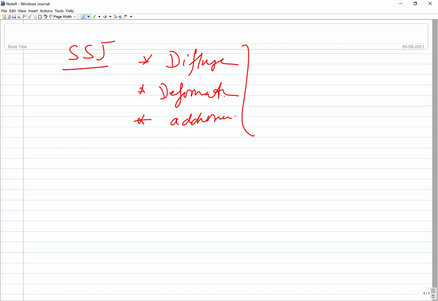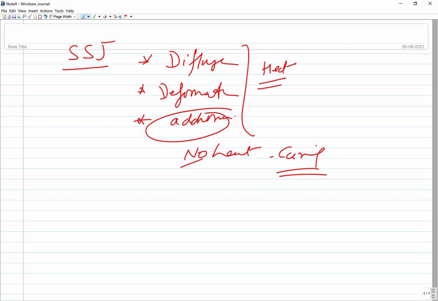In case of deformation and diffusion, the heat input is negligible or there is no heat input. Only a little heat is given just for facilitating the curing in case of adhesive joining. But there is a lot of heat supplied or generated internally in case of the deformation based joining processes, to facilitate the deformation as well as ensure the mechanical interlocking.